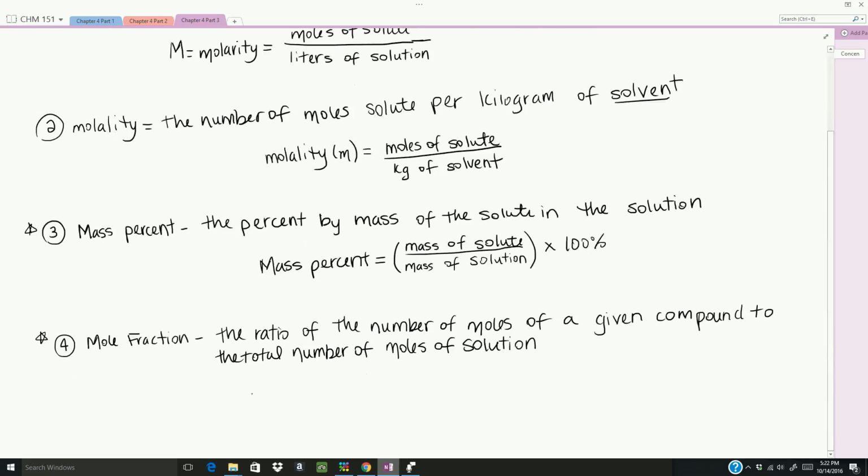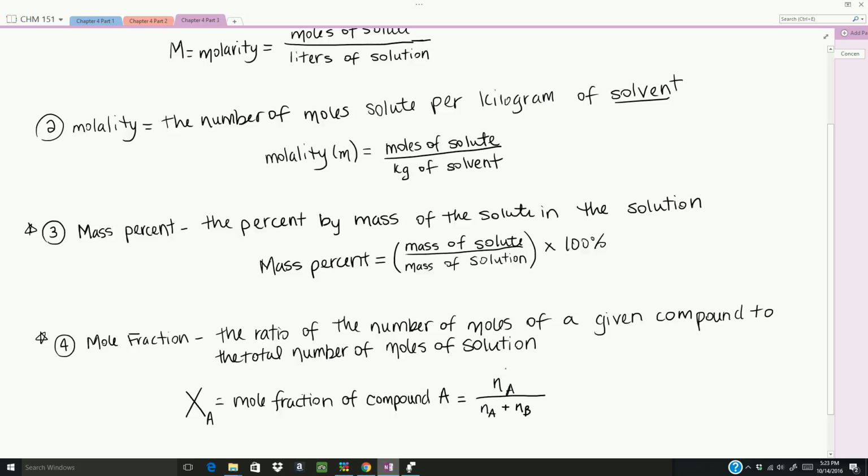Mole fraction is abbreviated with a capital X. So the mole fraction of compound A is equal to the number of moles of compound A over the number of moles of A plus the number of moles of B. I didn't mean to make that top A lowercase.